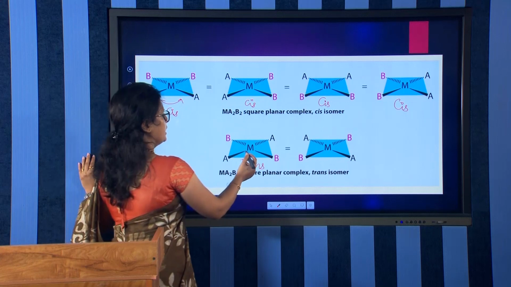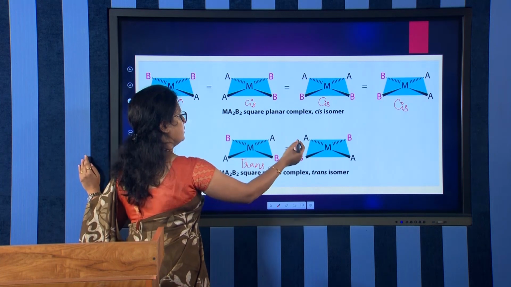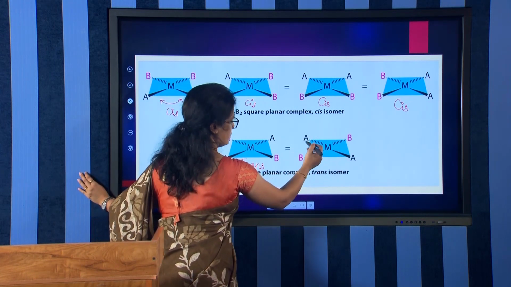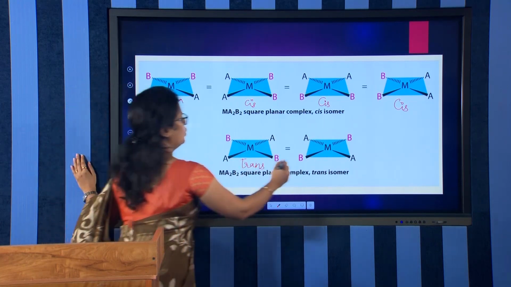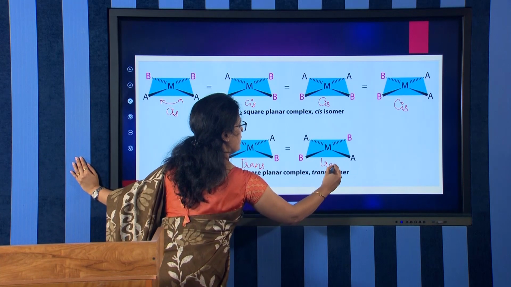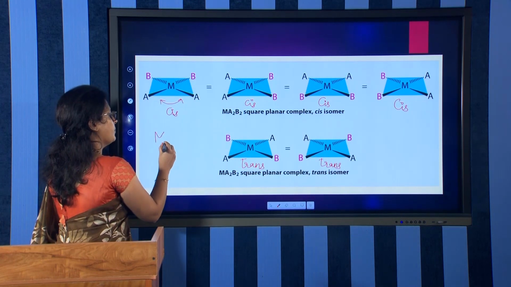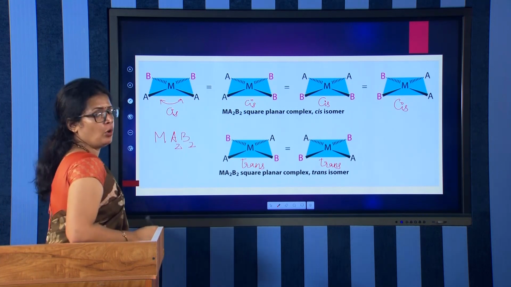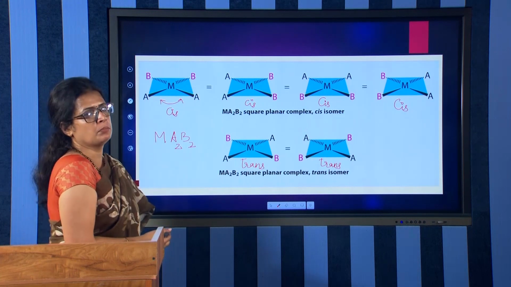And if I am changing the position of B and B like this, and A and A like this, both are the same. So these two are trans isomers, and thus we can say that MA2B2 will be showing geometrical isomerism because they exist as cis and trans forms.